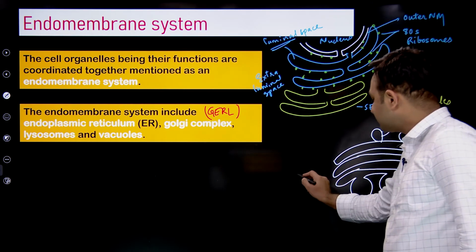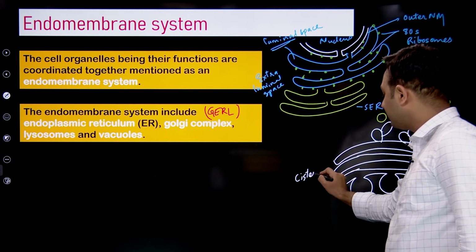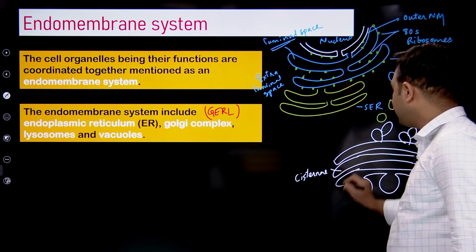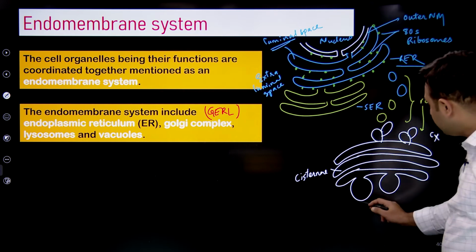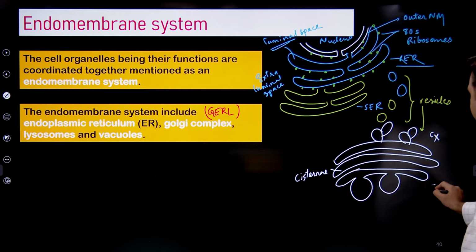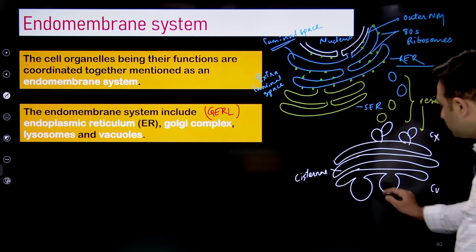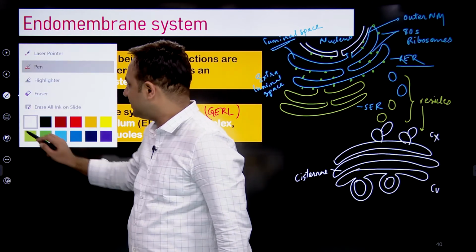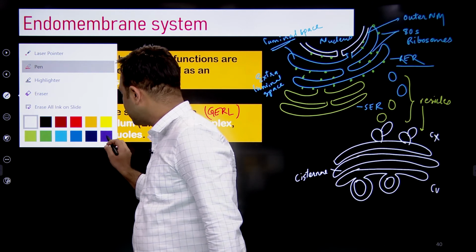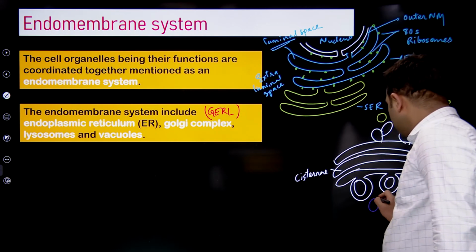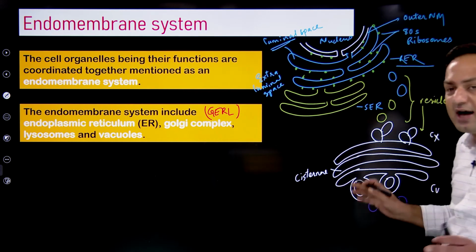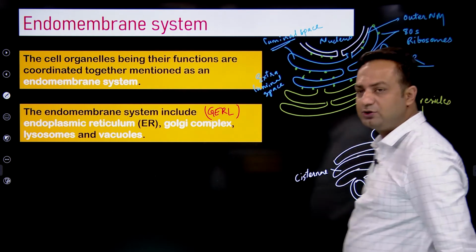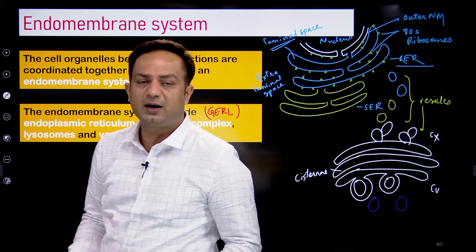These flat sac-like structures are called cisternae. These are cisternae, right? And cisternae are getting lost. If this side is convex, then this side will be concave. So we are observing what happened actually. The Golgi apparatus is visible when ER is there. If ER is not there, Golgi apparatus is not there. Who gives rise to the Golgi apparatus?